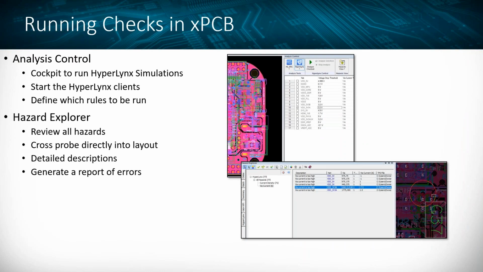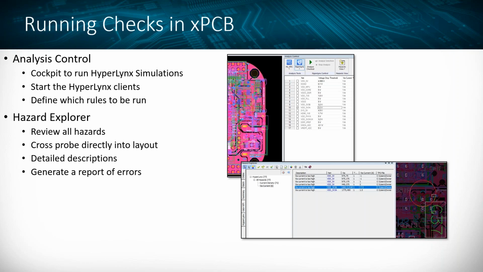All right, so as far as actually running the checks directly within Xpedition, it's quite easy. If you have the correct licensing, which I'll talk about in just a second, all we have to do is invoke the analysis control dialog. All right, the analysis control dialog you can see in the top right actually allows us to invoke the respective tools that we're trying to simulate with.